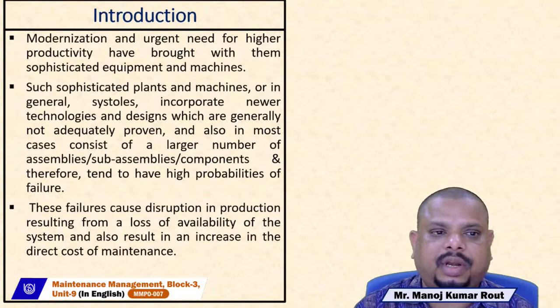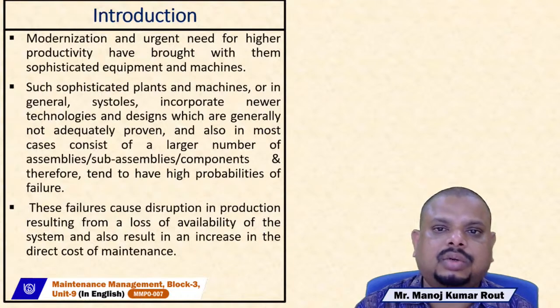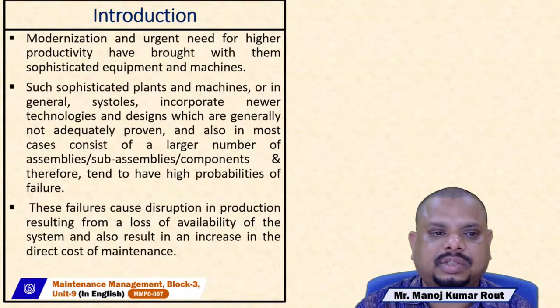So if you observe point number one, modernization and the urgent need for higher productivity are brought about with sophisticated equipment and machines. If you want to maximize production, you need highly automated, sophisticated machines, and you are also using flexible manufacturing systems to enhance productivity.